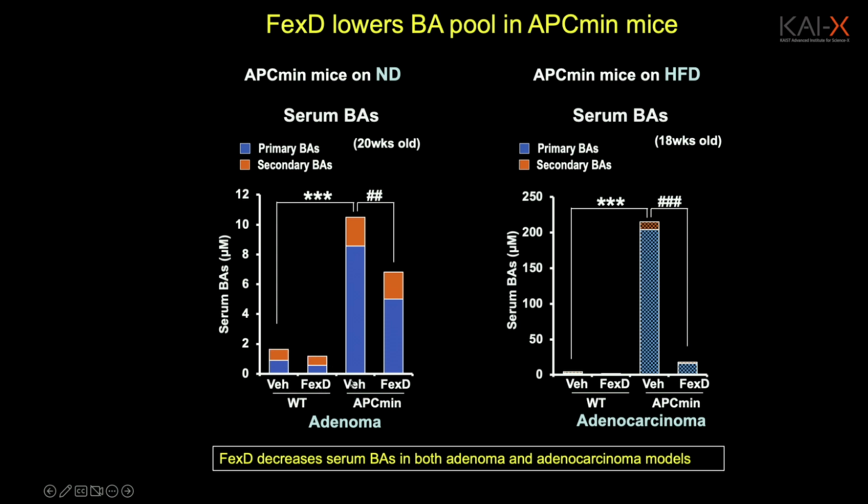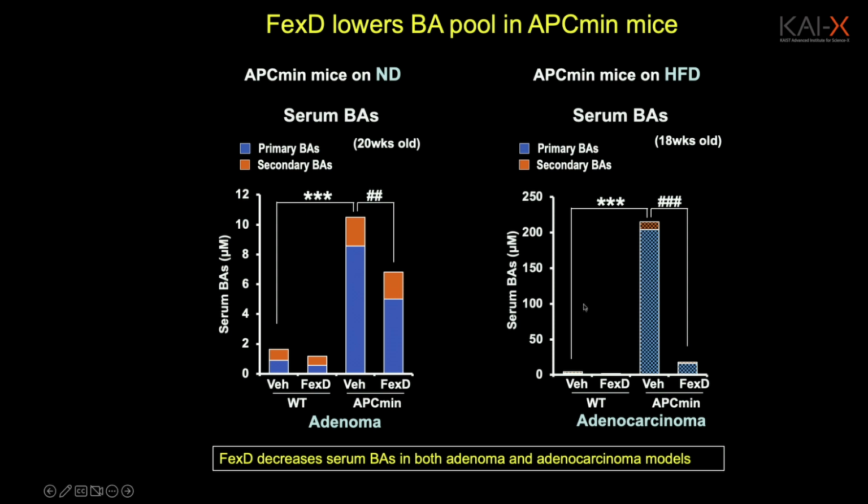If you see what's happening in the adenoma component with APC, APC is already driving up the BA pool. FEX brings it down significantly, at least by about 40%, not fully.